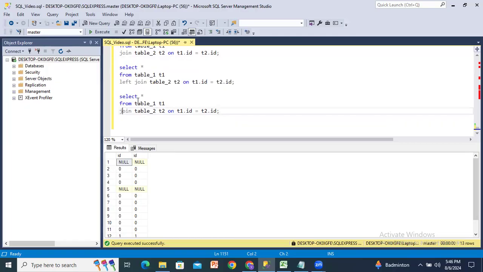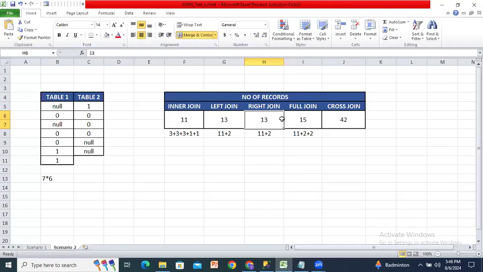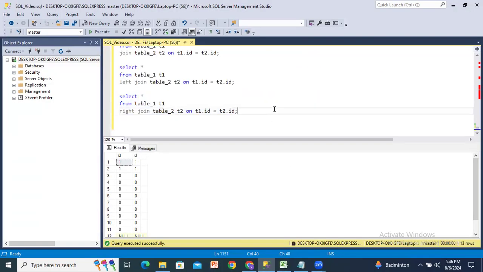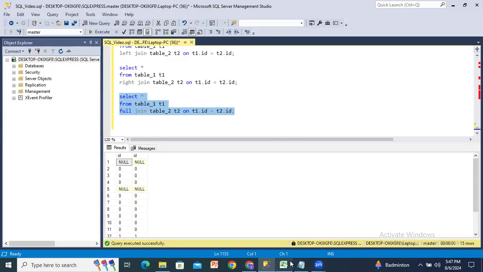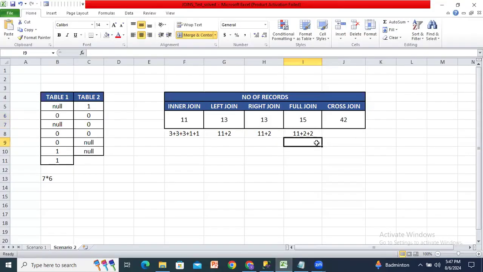So here also we are getting 13 records. Next, full join. So full join is 15 records. So we are getting 15 records.